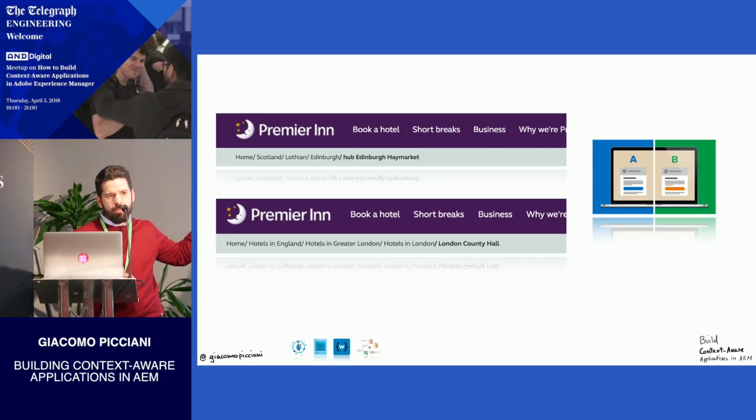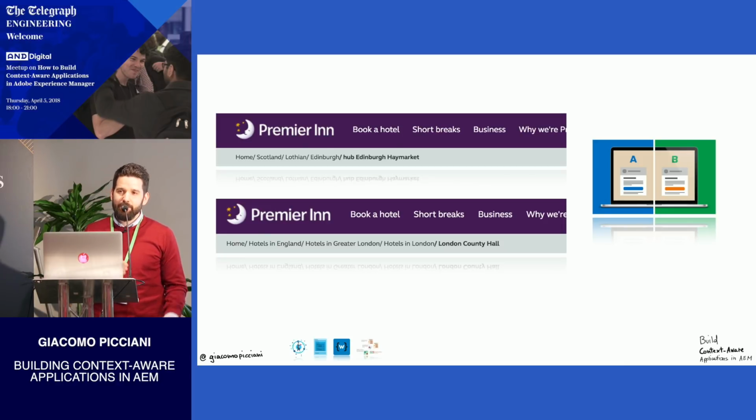One is just displaying the name of the location, that is Scotland, Edinburgh. The other one that they want to try is to add hotels in. Okay, very simple. But the caveat is that it needs to be an SEO A/B test. That means it needs to be crawled by search engines.